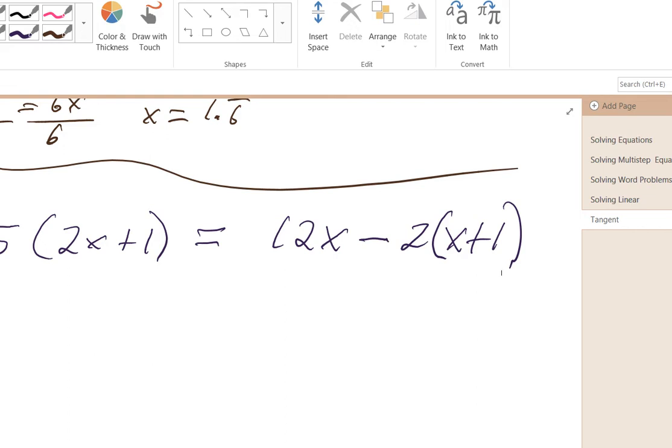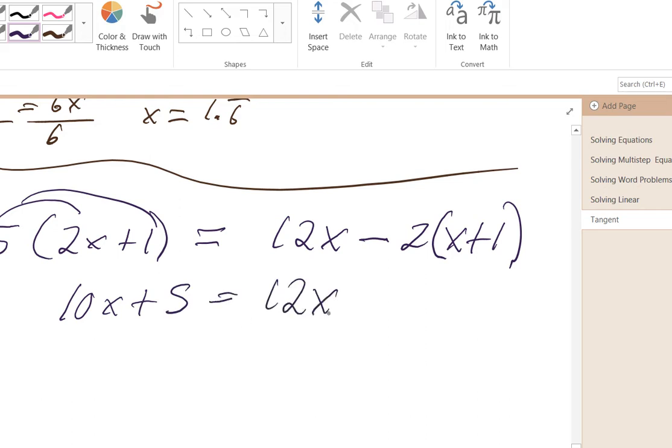Okay, so let's do one like this. What are we going to do first on this particular problem? Distribute. So what do we get? Okay. So what should we do now? So with the combining the 12x and the 2x, that would be 10x.